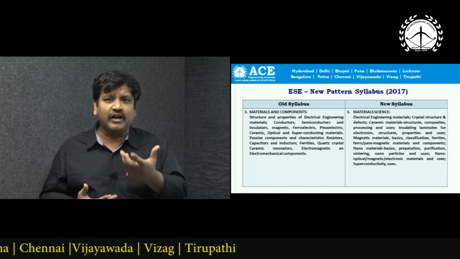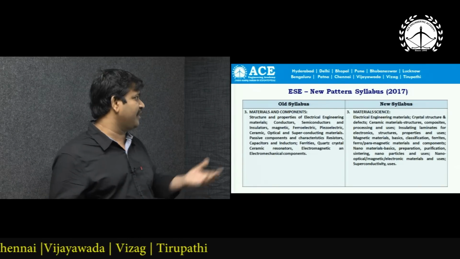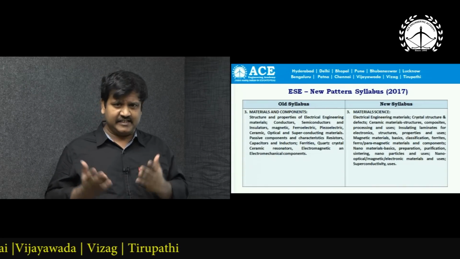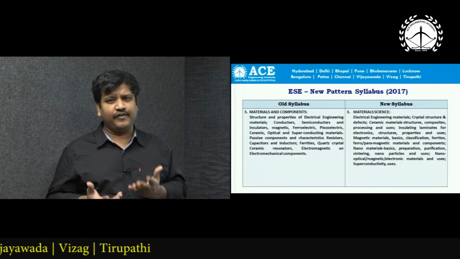You need a common ground which would relate these two things, and that common ground you can learn from the third subject, material science, because material science deals with the growth and processing of different materials. So you deal with their processing, encapsulation, fabrication, bonding, and apart from that you also deal with the reliability and failure issues of different materials.